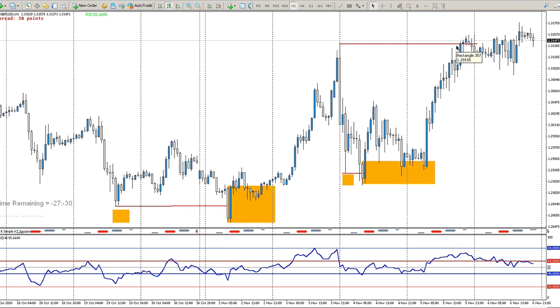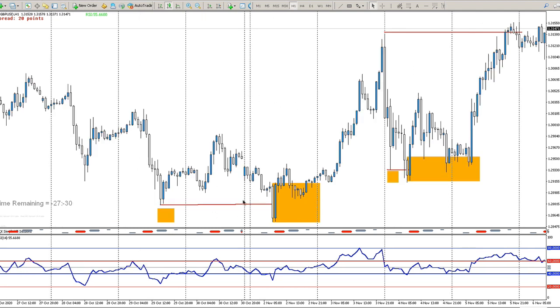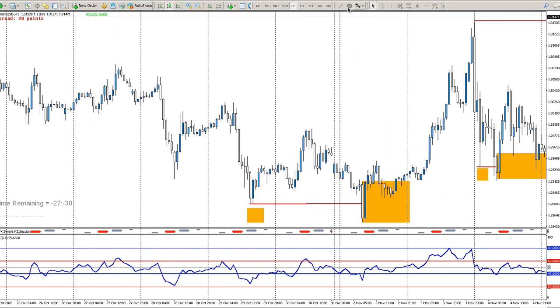So 180 pips, 150 pips for the taking. Lovely trade. So institutions are selling into that last down candle. Price rides away fast when price comes back into the order block box, rallies away. So that was bullish order blocks.